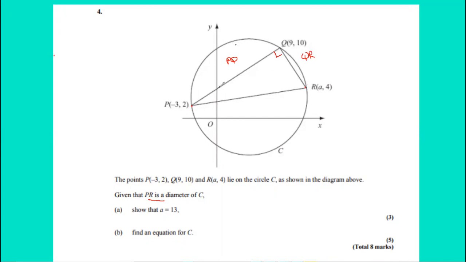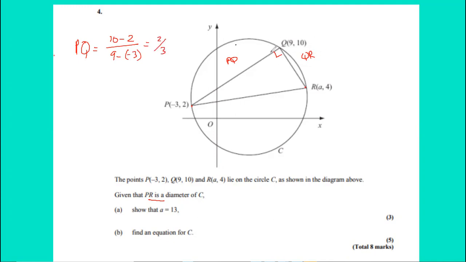So what I'm going to do is find the gradient of PQ. That's just going to be 10 take away 2, so change in y over change in x, over 9 minus -3, and that gives me 2/3.